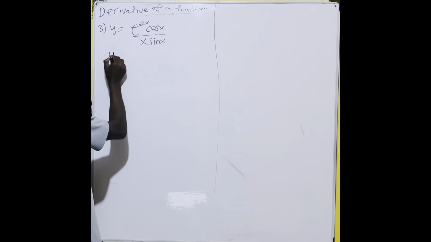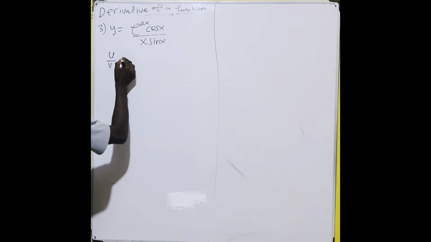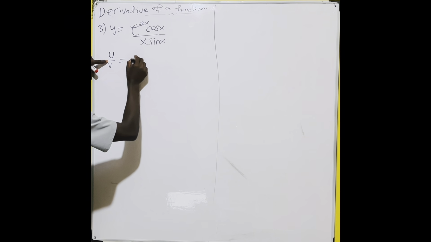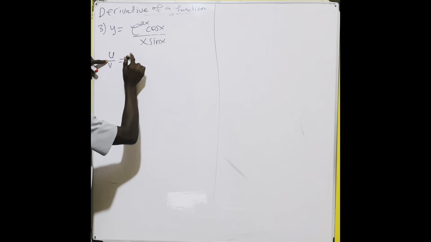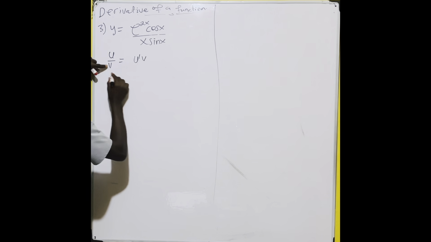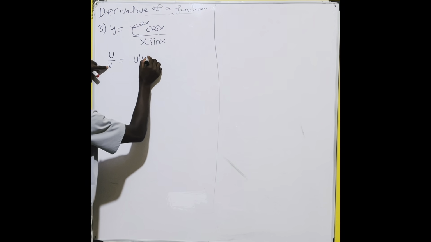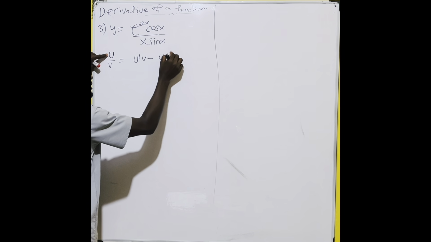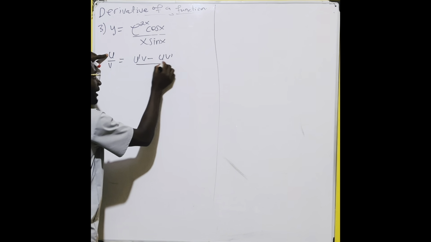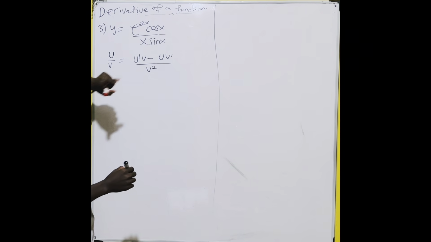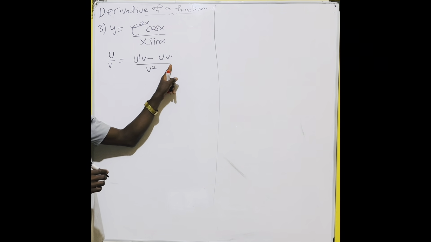Recall that the quotient rule says that when you have two functions, u and v, and they are dividing, and you want to differentiate, then you differentiate the first term, which is u, then you maintain the second term, which is v, minus you maintain the first term, then you differentiate the second term, divided by square of the second term, right? That is the quotient rule.